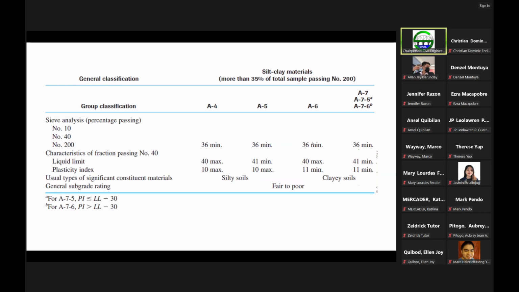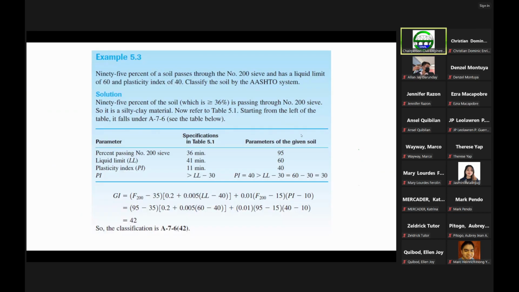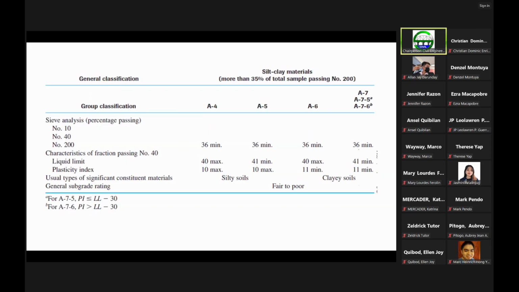But for the liquid limit and the PI, liquid limit is 60, so it will not satisfy this one. It will satisfy this one, but for the PI of 40, it will not satisfy this one because this is only maximum 10. So we go here. This will not be satisfied either because this is maximum 40 and our liquid limit is 60.